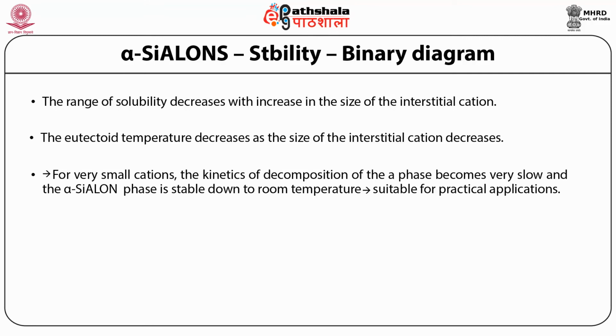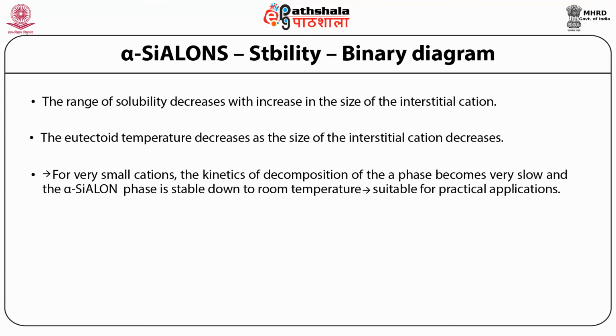The region of stability of the alpha sialone expands with decreasing size of interstitial cation M. Thus, when the interstitial cation M is Nd, the stability region of alpha sialone is very small.